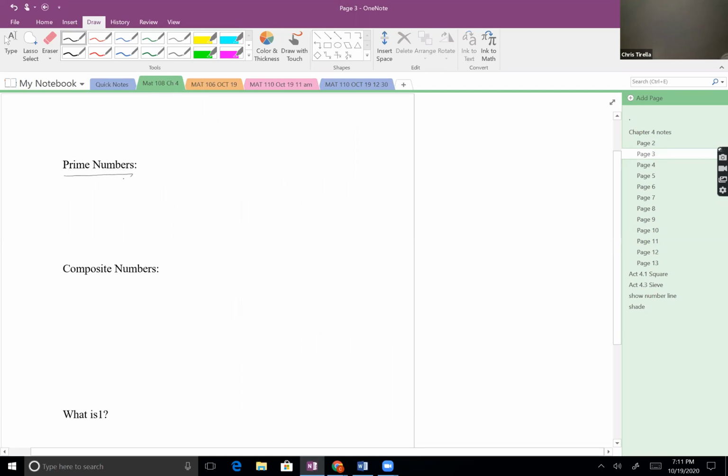Prime number. How can anybody define for me the idea of what a prime number is? When we looked at the table, the prime numbers were the ones that only had two rectangles or two factors.